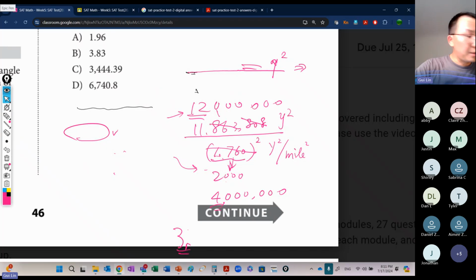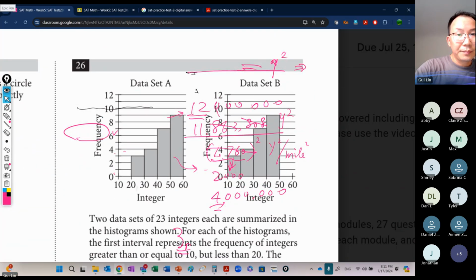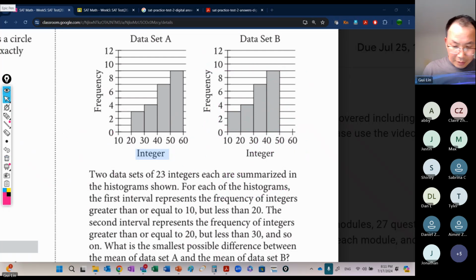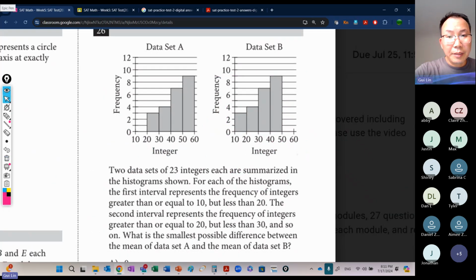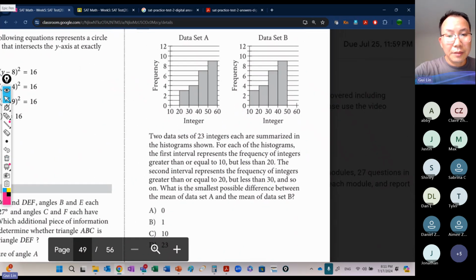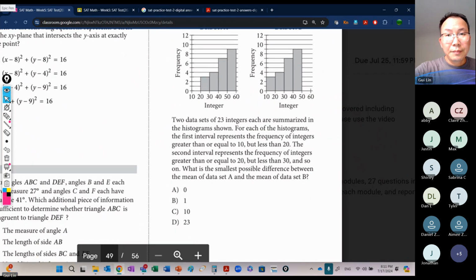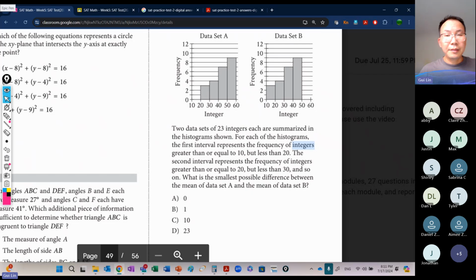Next one, 26. Oh, try the question. Okay, let me make it smaller so we see the choices. Data set A, data set B. We'll move a little bit closer to take a look.